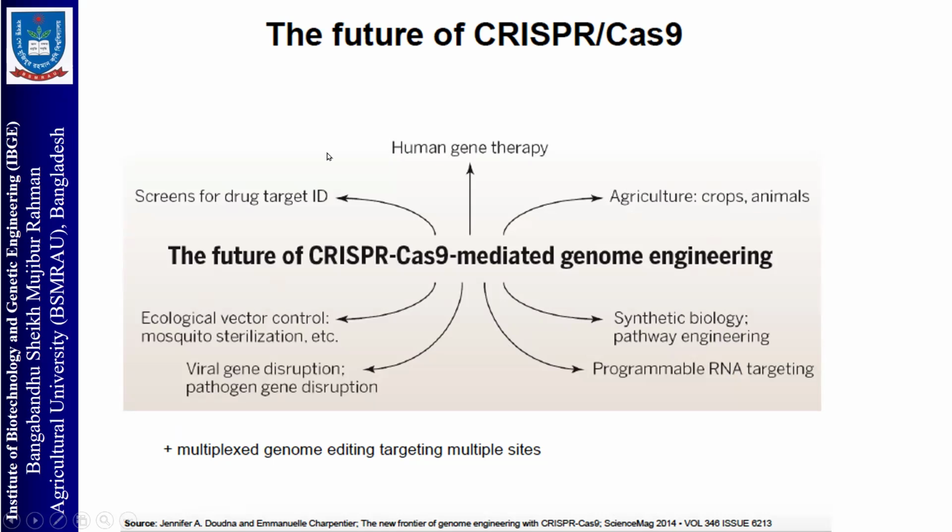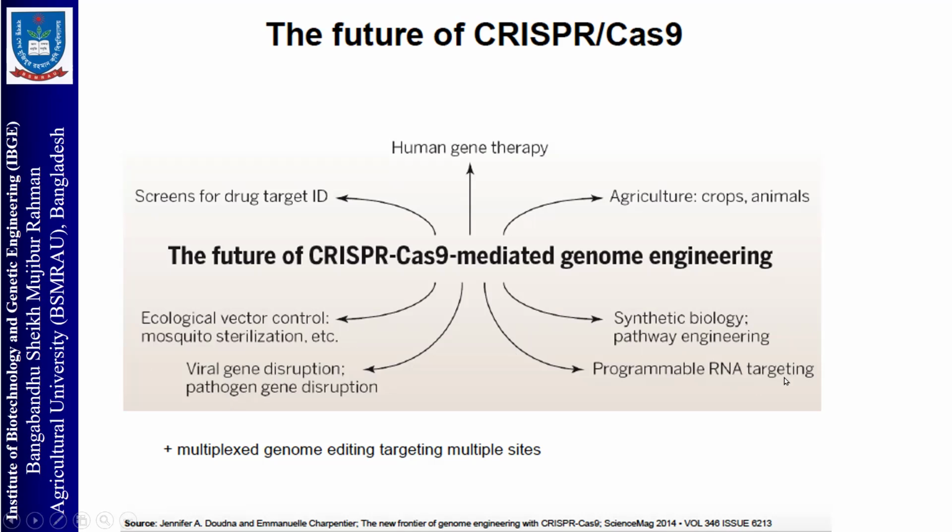Screening for drug targets, because it can silence the gene, so you can target the drug molecule. Ecological vector control like mosquito sterilization, viral gene disruption, pathogen gene disruption, and even synthetic biology, pathway engineering, because you can do lots of basic work, and programmable RNA targeting.